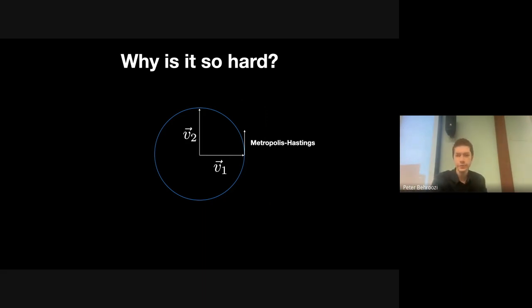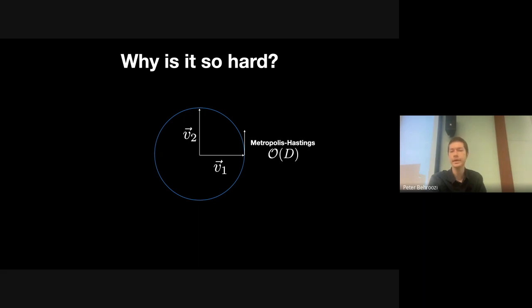So you have to take really tiny steps, and that means you have to really slowly diffuse through this very thin surface until you get from one point to an independent point over here. The physical analogy is like diffusion, and that gives you a sense of why it takes a long time to get from one point to another along a very thin surface like this.